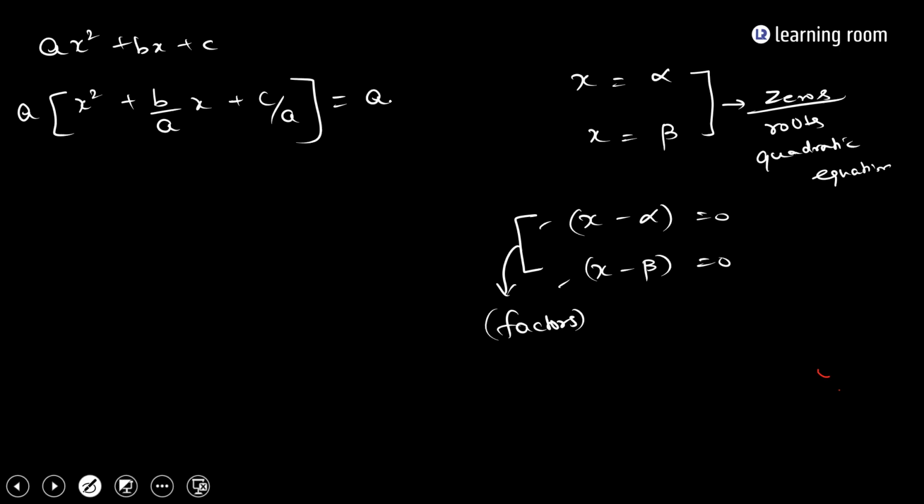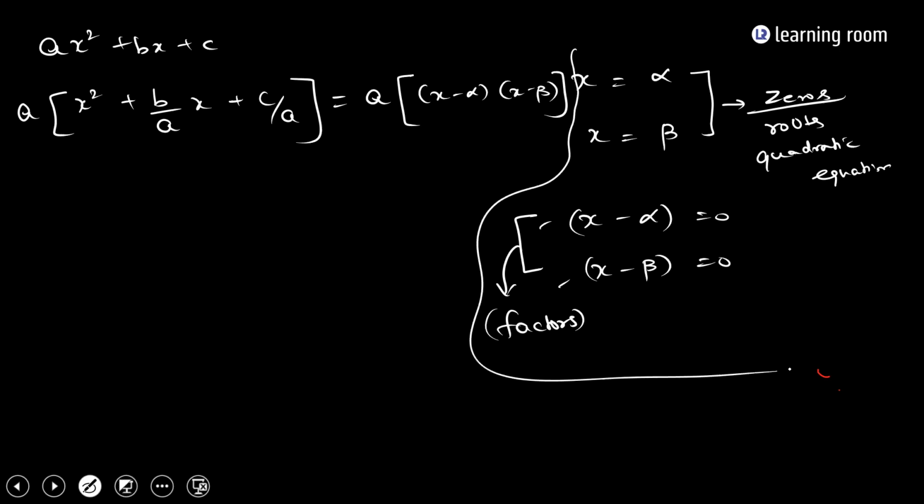So I will write this as a into x minus alpha into x minus beta. It's just simple logic, okay? x minus alpha is a factor, x minus beta is a factor. This x square plus b by a into x plus c by a is the multiple.